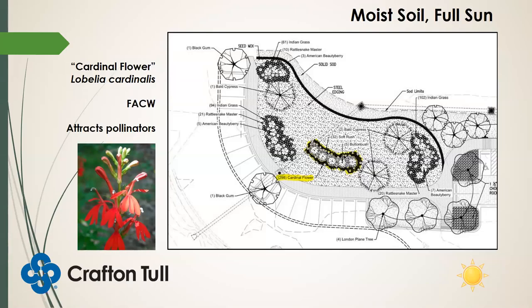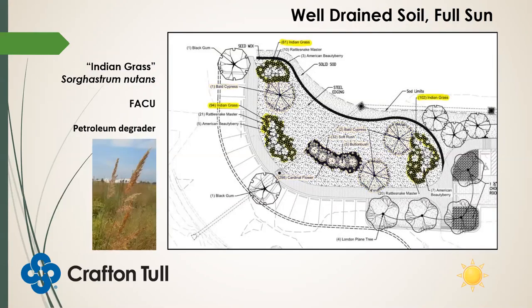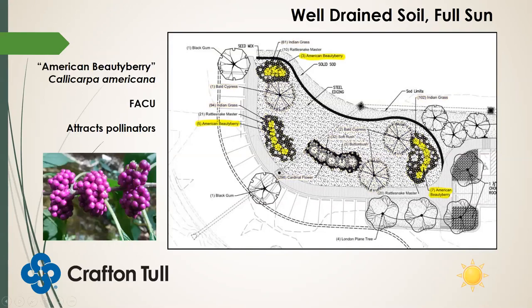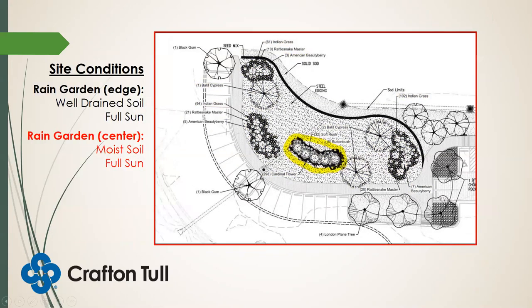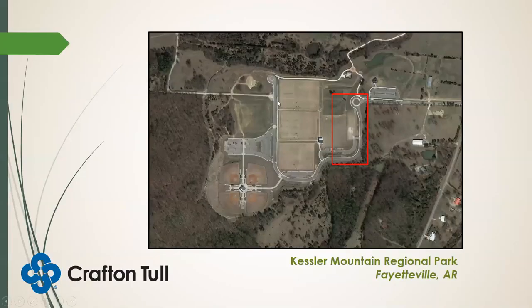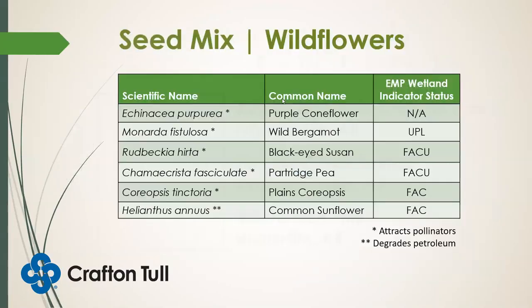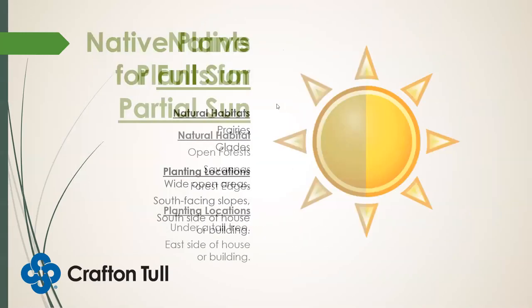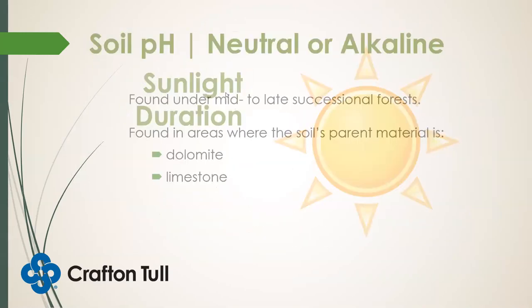Can you go over how to search by region? I'm assuming you're asking about the wetland indicator status. So let me go back to that slide here. So if you go to plants.usda.gov, you can type in a species and it'll give you the wetland indicator status for that species for each of the regions.